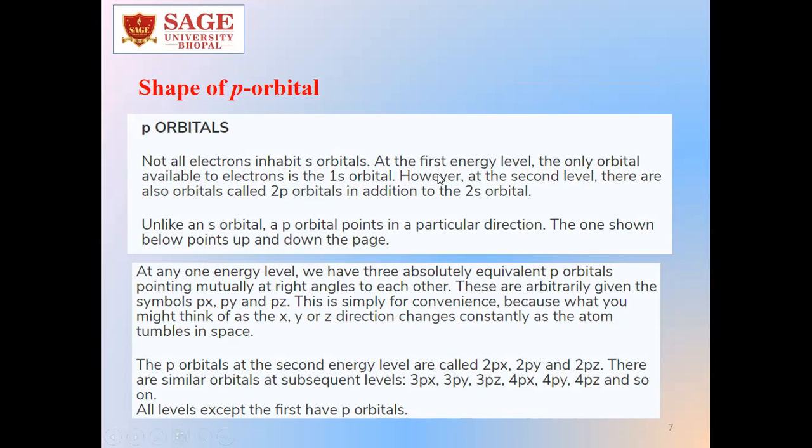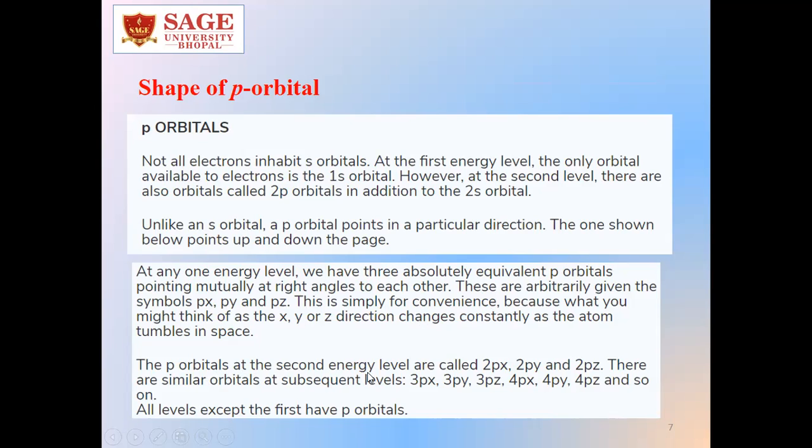So at any energy level, we have three absolutely equivalent p orbitals pointing mutually at right angles to each other. They are arbitrarily given the symbols px, py, and pz simply for convenience.